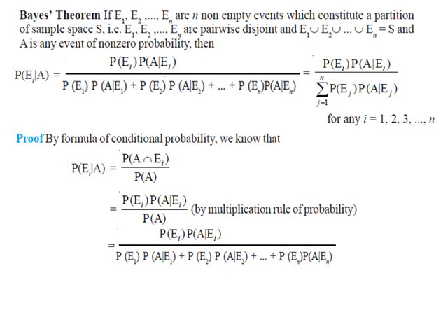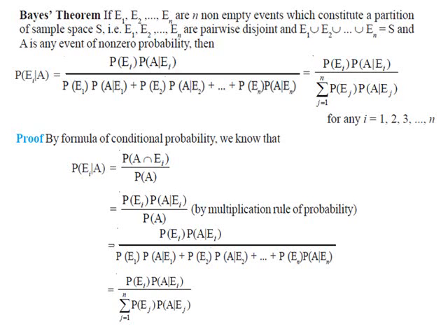So we get the probability of Ei given A equals P(Ei) multiplied by P(A given Ei) upon P(E1) multiplied by P(A given E1) plus P(E2) multiplied by P(A given E2) plus so on, P(En) multiplied by P(A given En), where i equals 1, 2, 3 and so on up to n. Students, while solving questions, we use this formula of Bayes theorem directly.